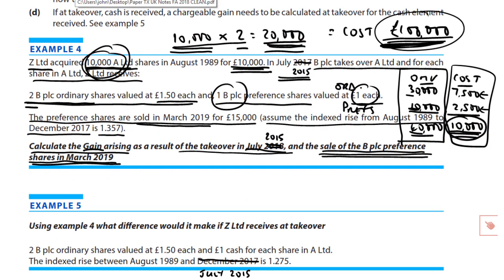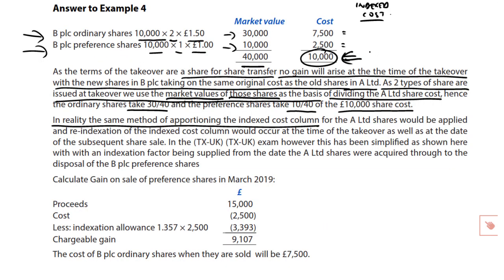Let's just remind you of that. When the original shareholdings were acquired by Z Limited in A Limited, August 89, through to the date of the takeover, July 15, you'd work out what the total index cost of those shares were, and again split in exactly the same proportions, 30/40ths, 10/40ths, between the 2 shareholdings.